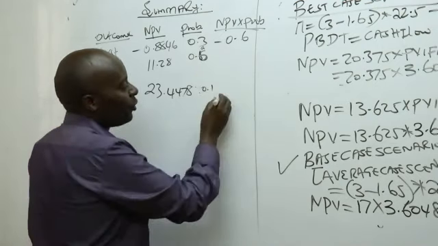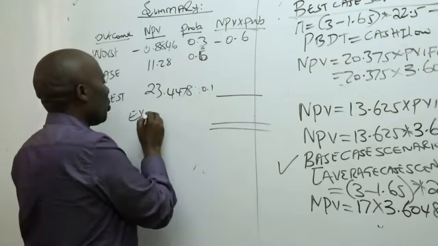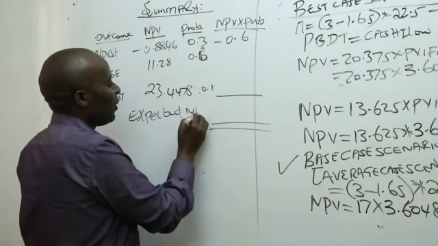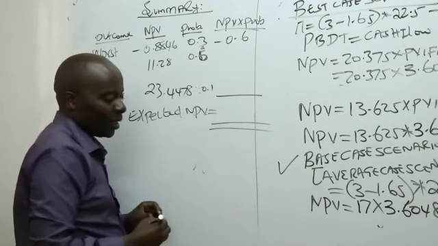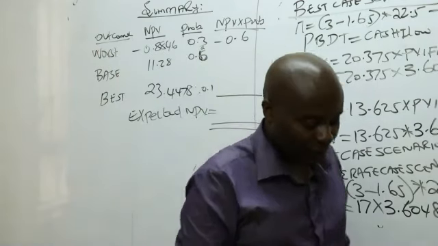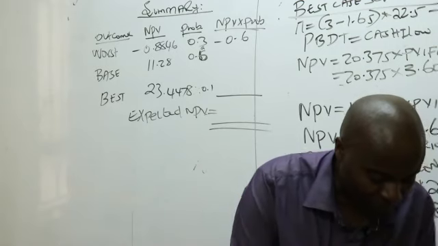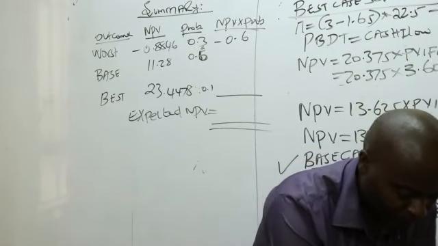So the moment you finish all the three, come and add them up to give us what we call expected net present value. We have extended a little bit and because of my own mistake.